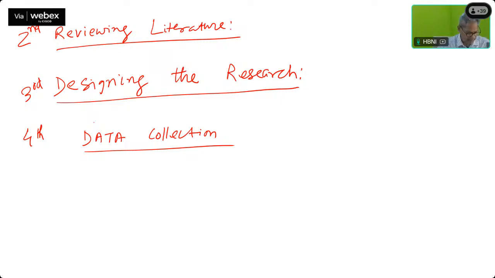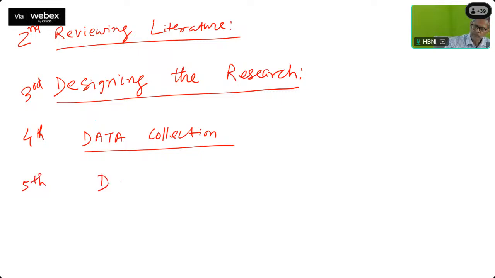You have to collect data based on research design. The way you have designed your research, you have to collect data. Which are the parameters you are going to measure? All those things you have to decide while collecting your data.